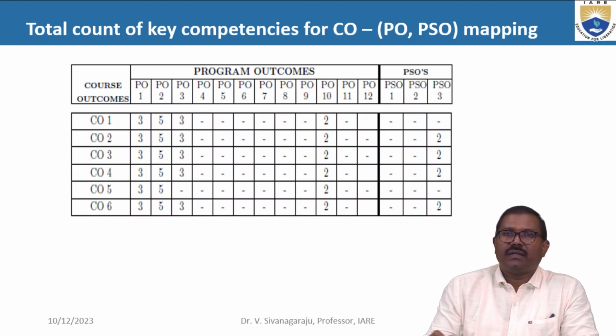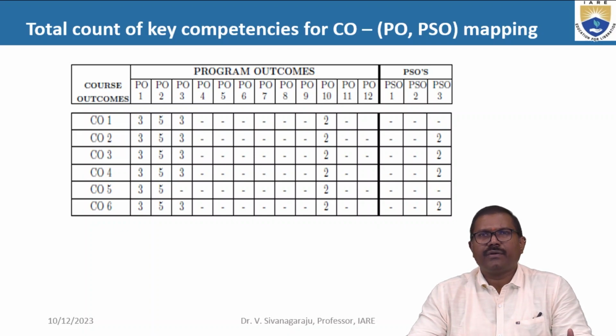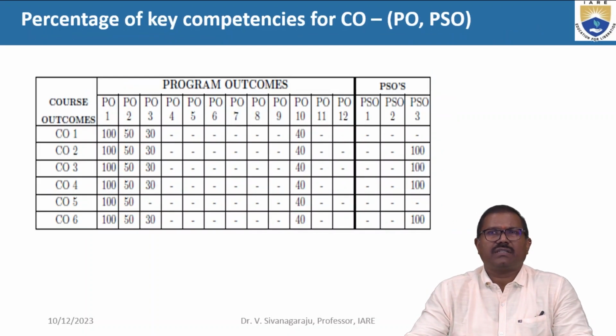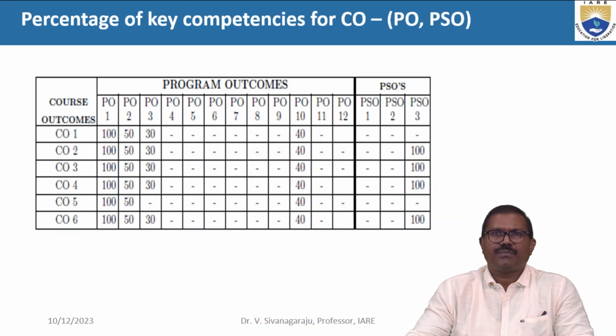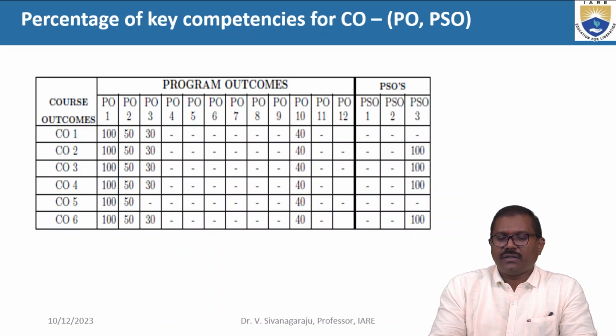How many does PO1 actually have? That is also 3. Coming to PO10, based on that we calculate a percentage. 3 out of 3 gives 100%. For PO10 we get only 50%. Why? There are 10 key components, and out of 10 we use only 5, so 50%. Similarly, the remaining ones are calculated.